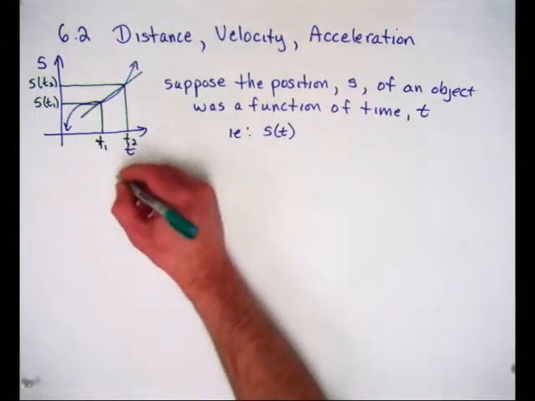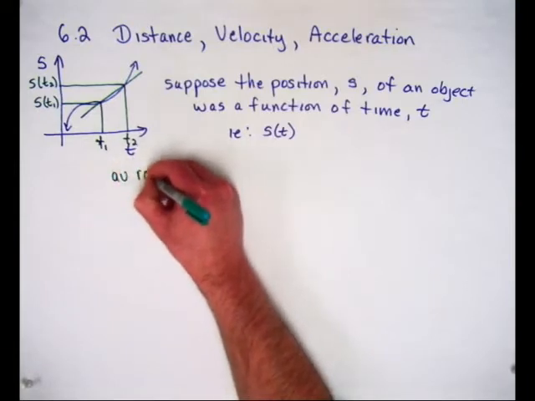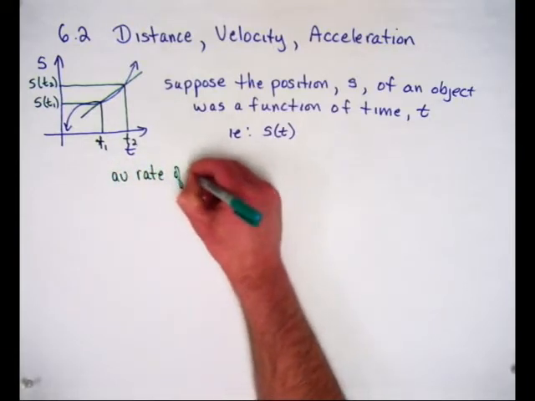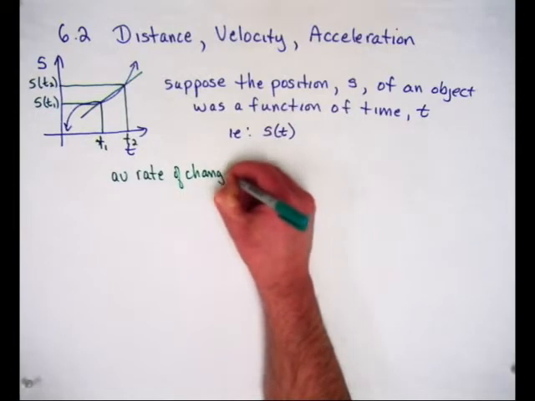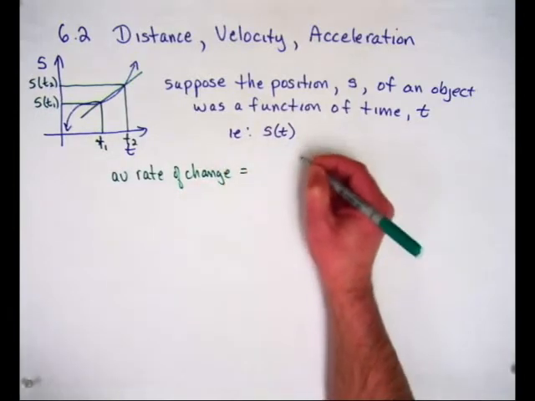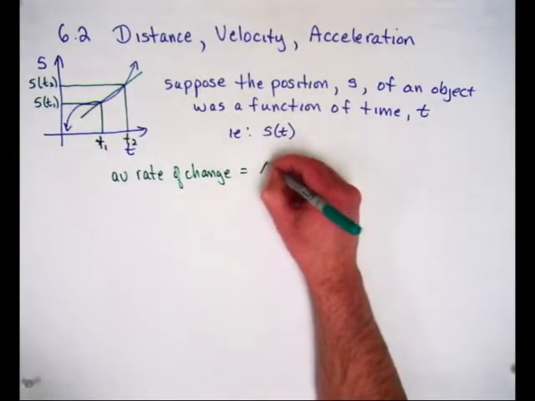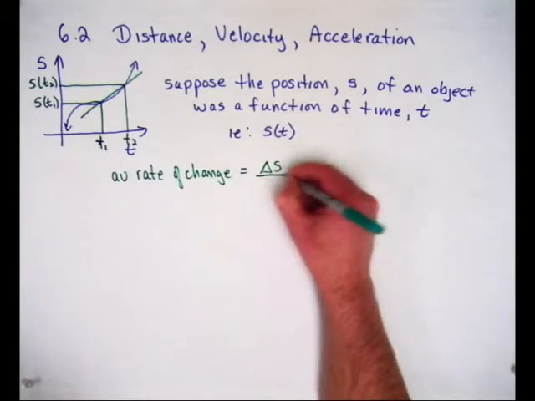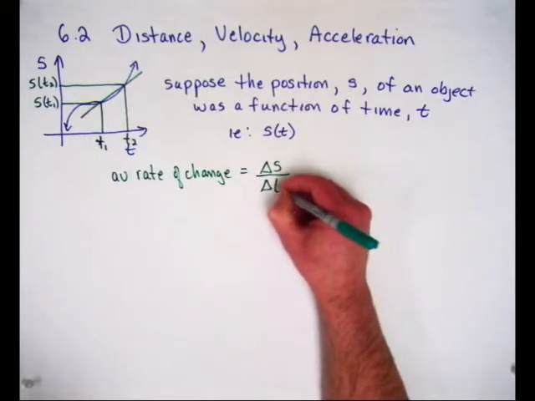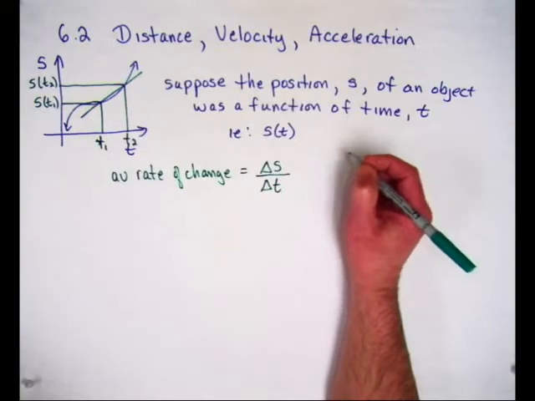Our average rate of change is just the slope of the secant, which in this case is delta S, the change in position, divided by the change in time, delta t.